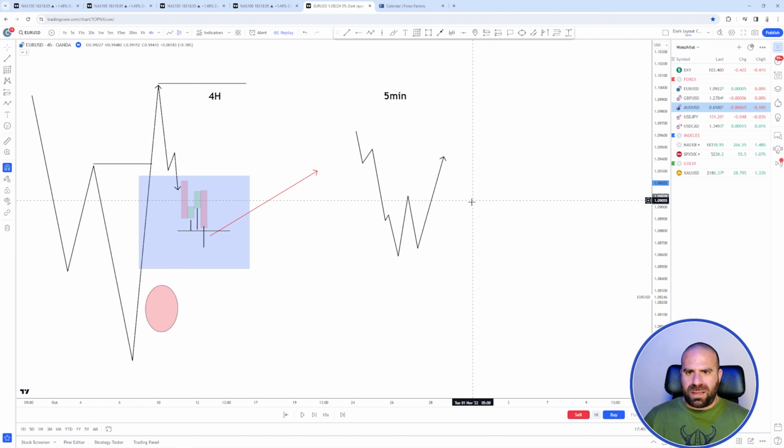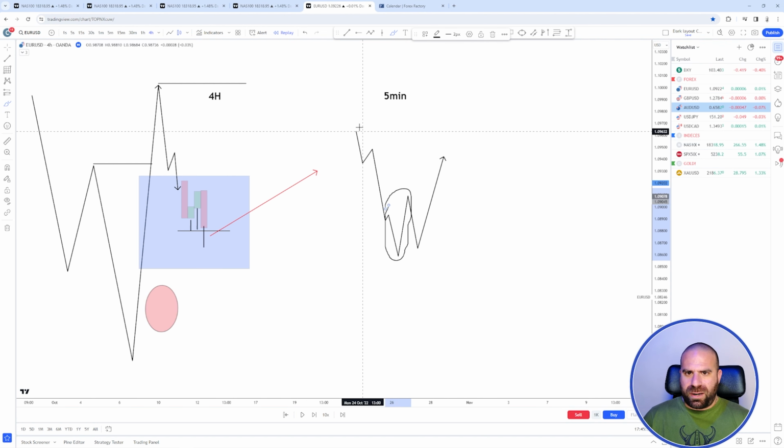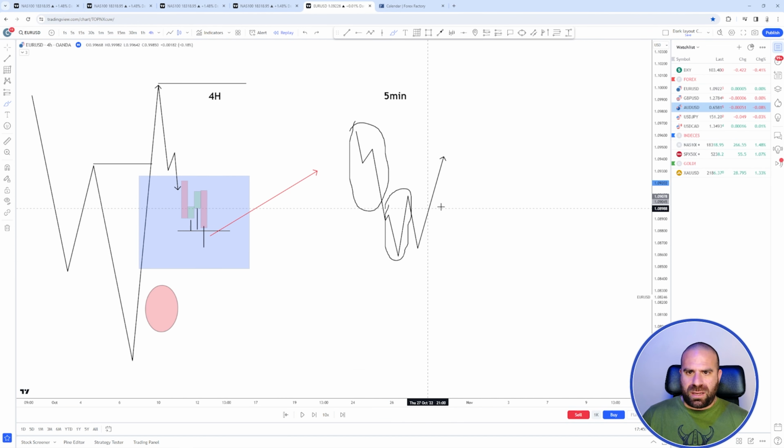Now I'm printing the last candlestick. I did this candlestick, which is number 1, which closed here. Number 2 candlestick is this one. It went down and then it went all the way up and closed here. So this is the first, this is the second candlestick that you see.